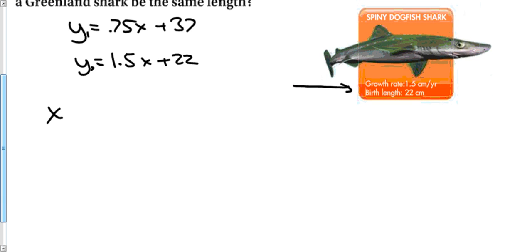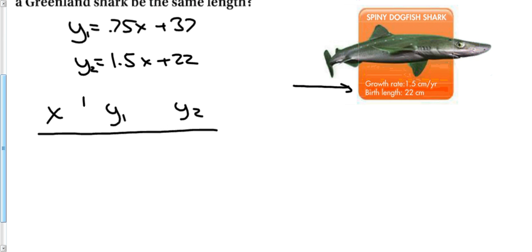Let's call that y1 and y2. So we're going to have y1 and we're going to have y2. So my input, whatever I choose for my input, I'm going to have to get 2 outputs. So what I'm looking for is I want to find the point, the input, that these 2 outputs are going to be equal to the same thing.